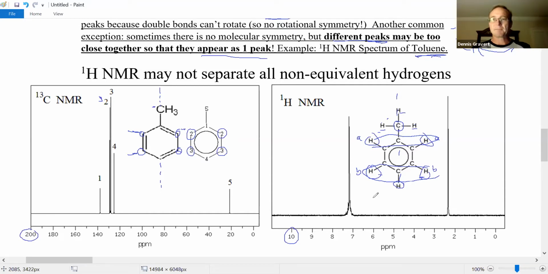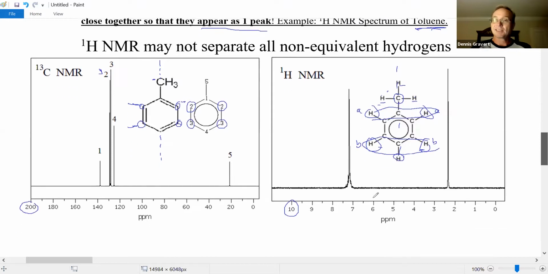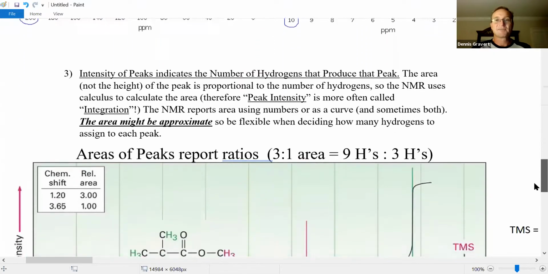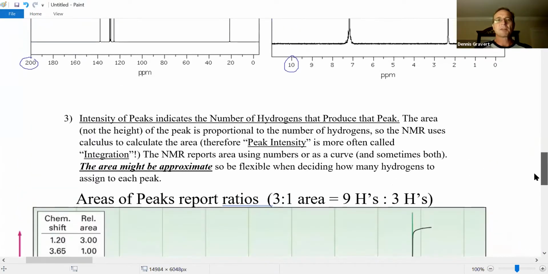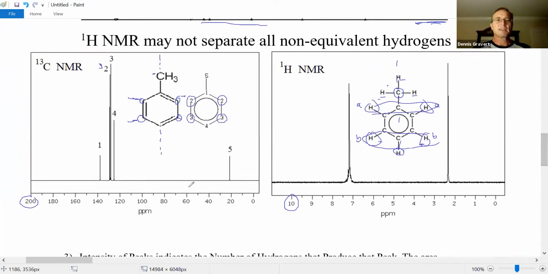Okay, enough of that. Those are the 2 qualities, peak position and number of peaks, same 2 qualities we saw in carbon NMR. Now it's time for something different. Intensity. Actually, that's not quite true. Let's go back up here. Intensity of peak. So actually up here in the carbon, we did see this. It wasn't quite reliable, so we couldn't use it as strongly as we can in hydrogen NMR.